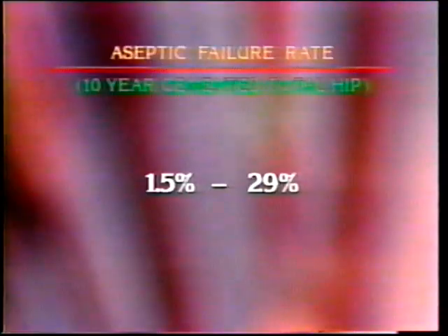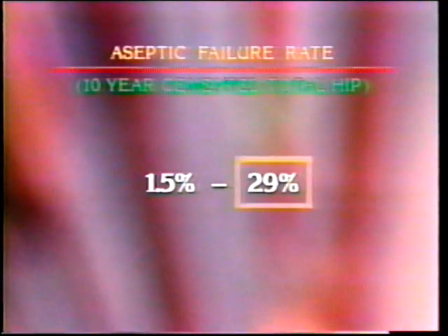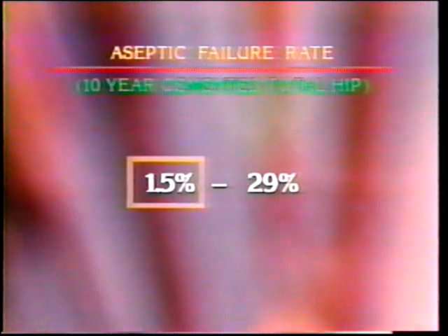But of course, this is not in every case, and so cement has a significant failure rate in some series, 29%, and others 1.5%, depending of course on whether you consider radiolucent failures or x-ray failures or clinical revisions. Suffice to say, though, that we have identified a certain significant failure rate in total hip replacements and therefore the explosion of the new technology. First, however, we'll discuss the total hip replacement of the cemented variety.